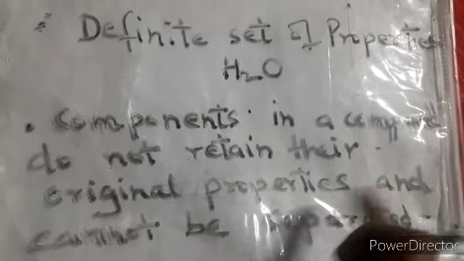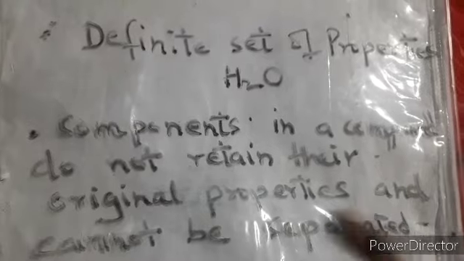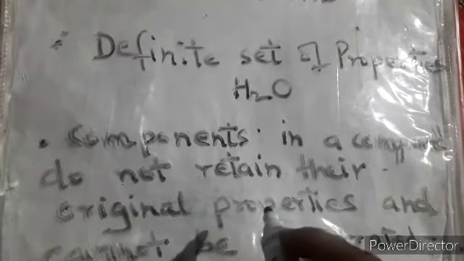The components in a compound do not retain their original properties and cannot be separated. What does it mean? Each and every component or element shows different physical and chemical properties. Whatever the properties were for hydrogen and oxygen, when they are in the combined state and form water, the properties of water are entirely different, right?